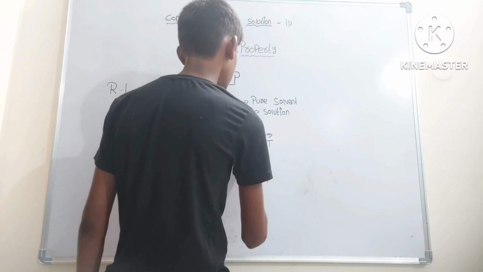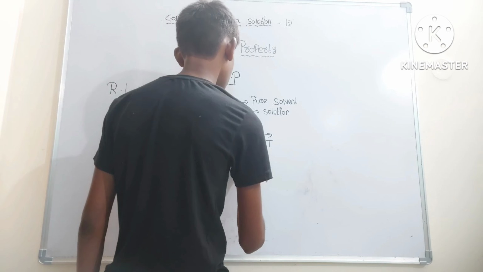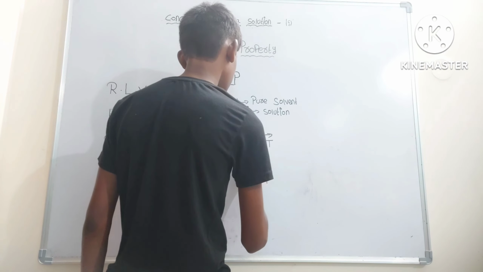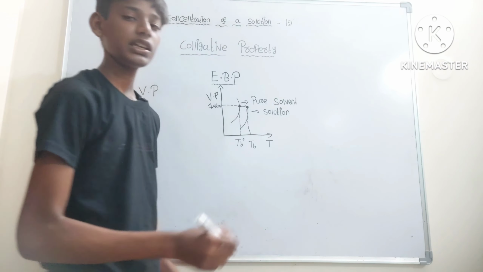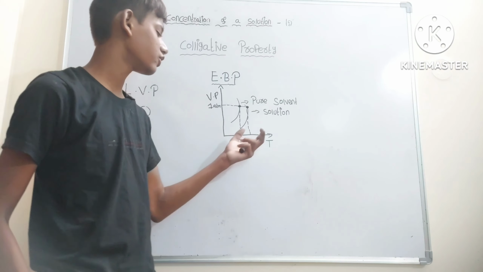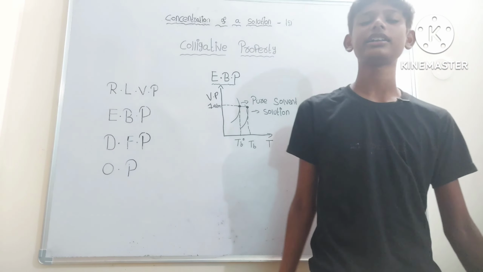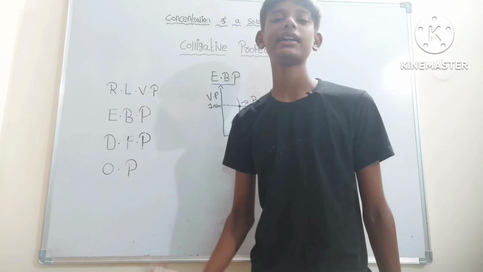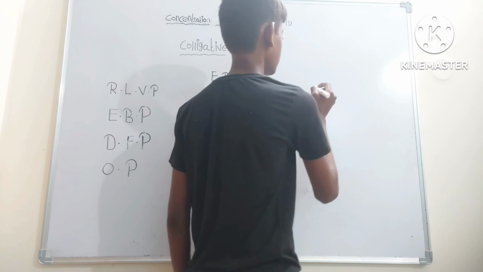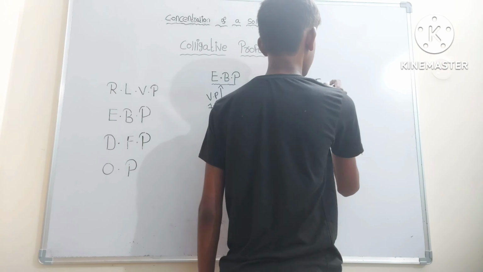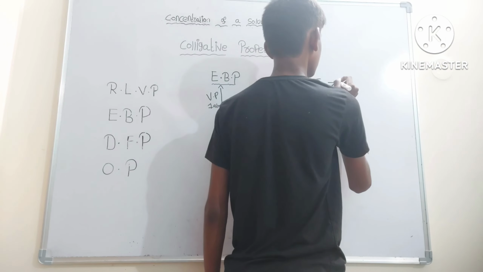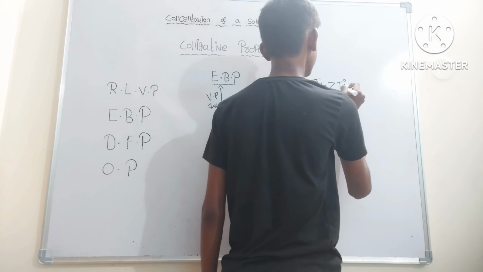We call them T naught B and TB. TB is greater than T naught B.